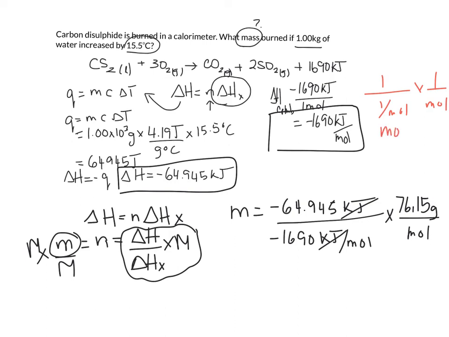So this becomes mole times 1 over mole. So our moles cancel. And you will get 2.93 grams. So 2.93 grams of carbon disulfide are burned.